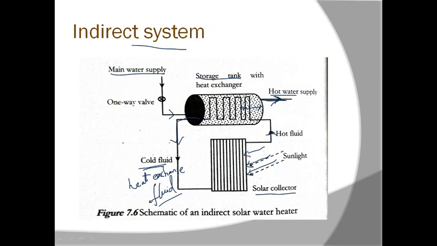Suppose we may use a fluid which has a very low freezing point and very high evaporating point. That means it will remain fluid for a very long range of temperature. In that way we can overcome the overheating problem as well as the evaporation problem or freezing problem.